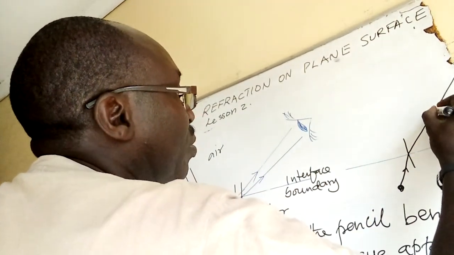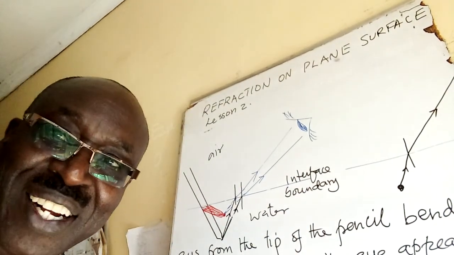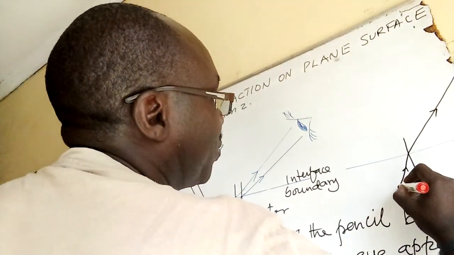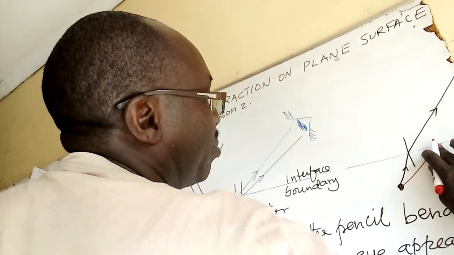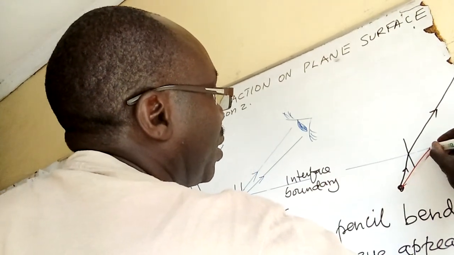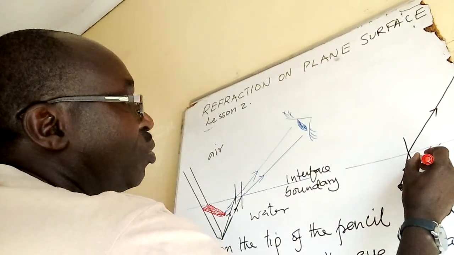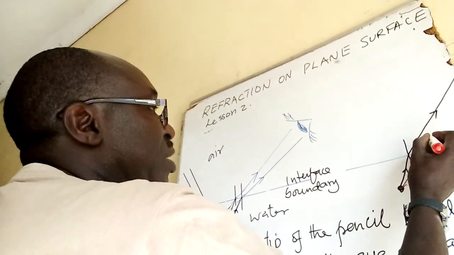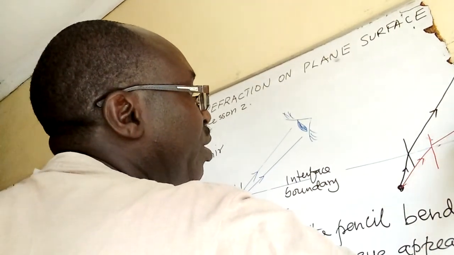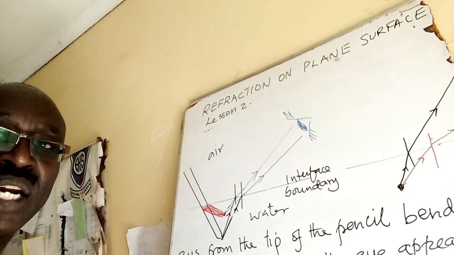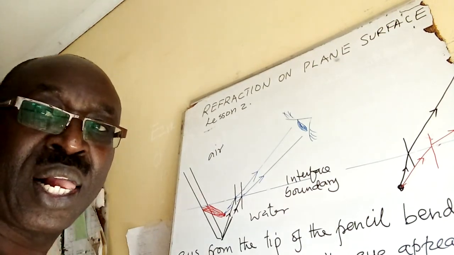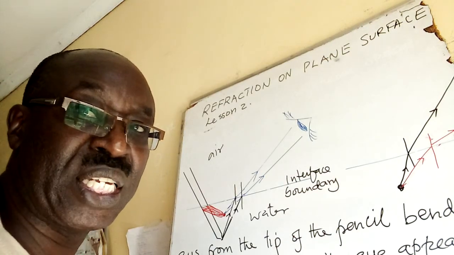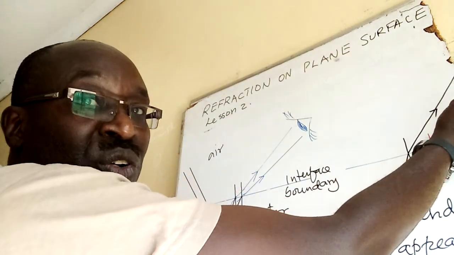Then we get maybe another ray, ray 2. Again, it will not continue straight, but you draw the normal and you give it that. So ray 1 and ray 2 appear to be bent. They are bent at the point of incidence.